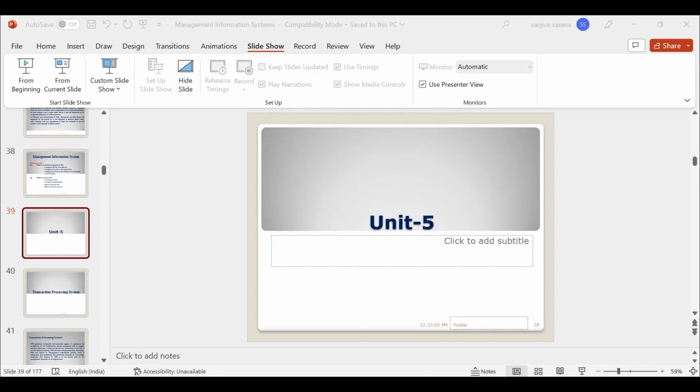For example, chief executive officer, chief marketing officer, chief technological officer, all these are executives.